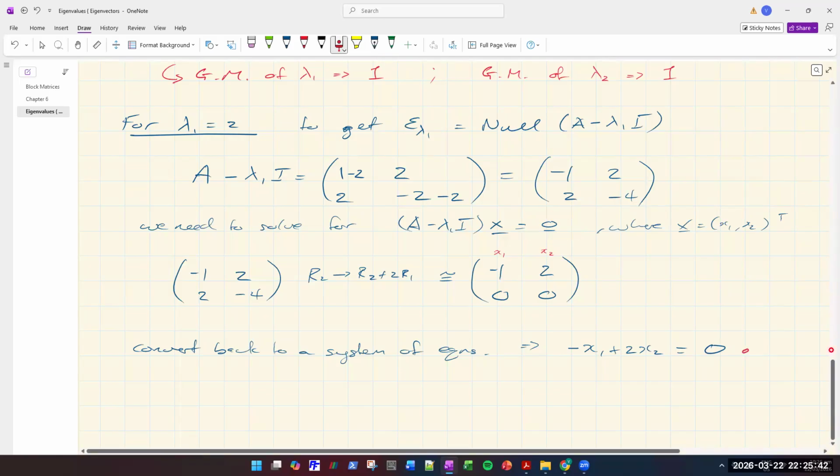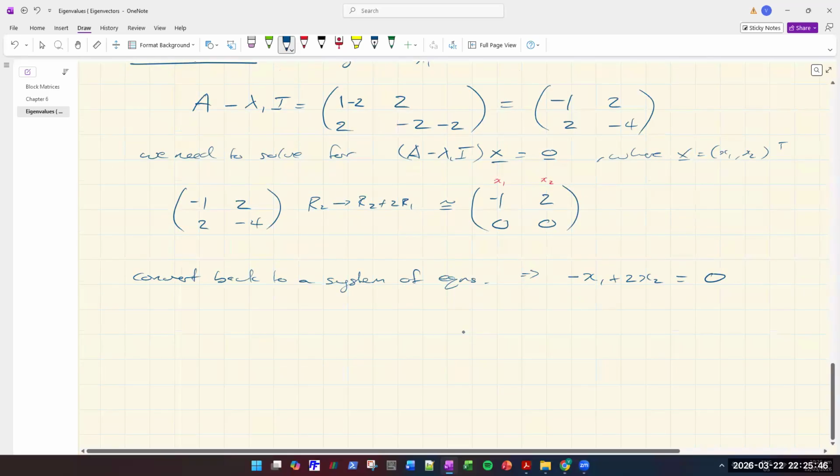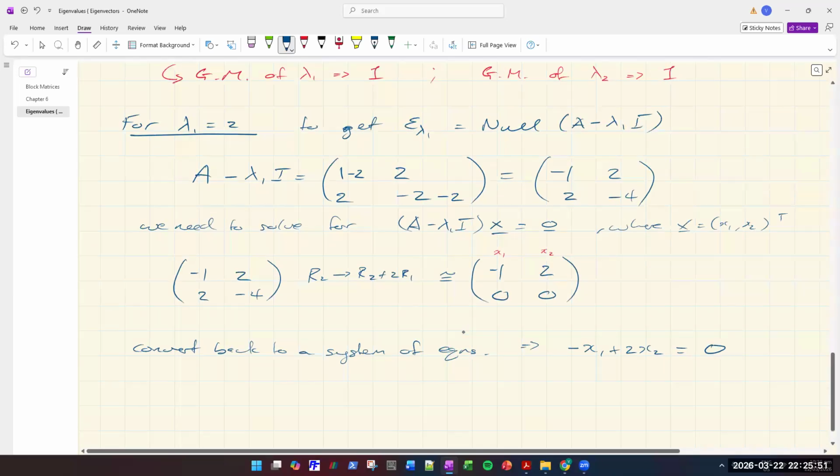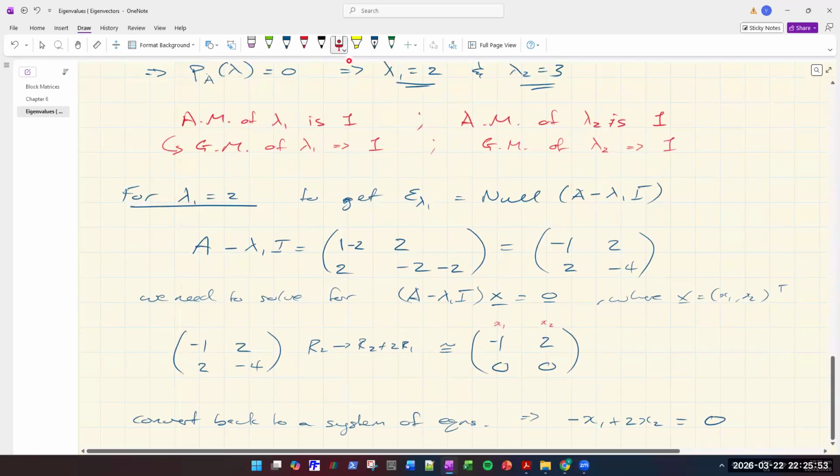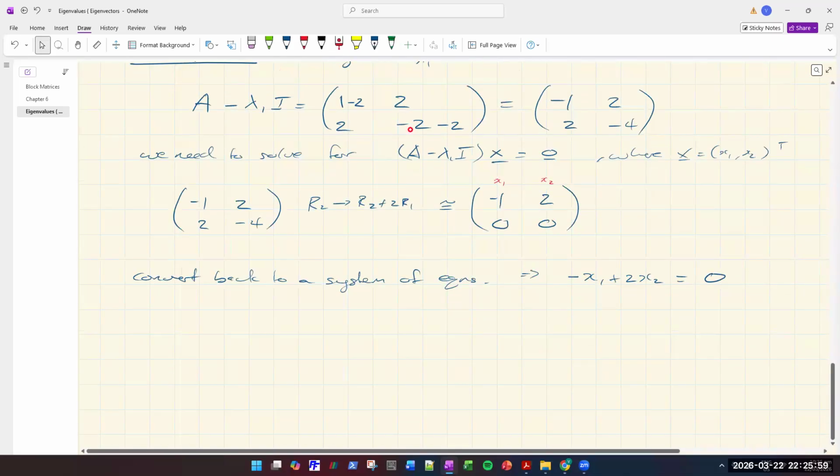So we only get one equation, and that's okay because we know the dimension of the space is how many free variables we will have. And we know from before that the dimension of this space is 1. So we are expecting one free variable, right?